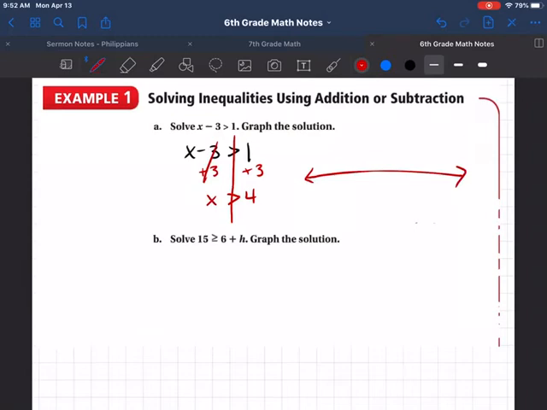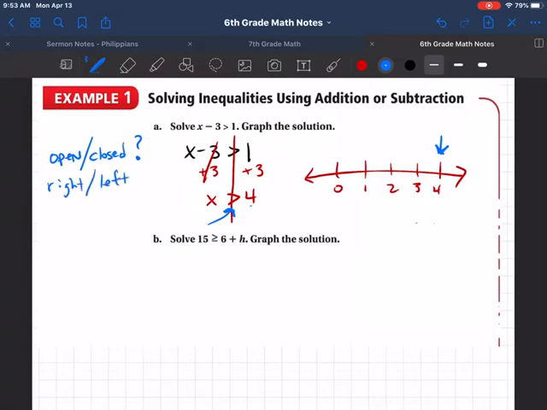On your Big Ideas, it's going to already have a number line with 0, 1, 2, 3, 4, or something like that. We know it's 4, so we know it's going to start here. Now I need to know, is it an open circle or closed? And I need to know, does it go right or left?